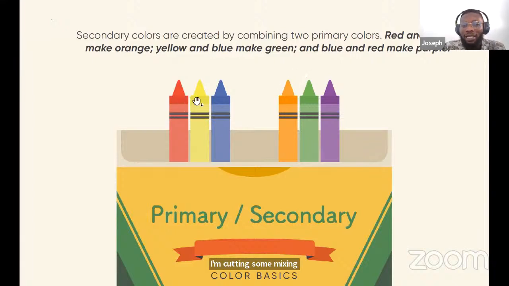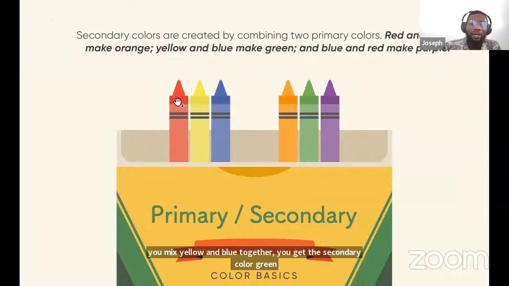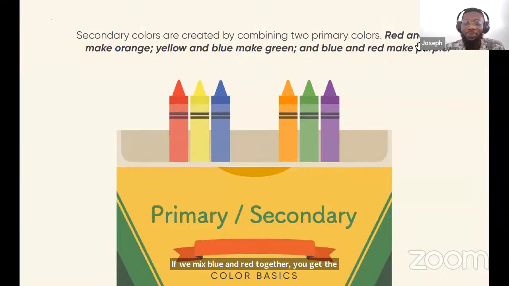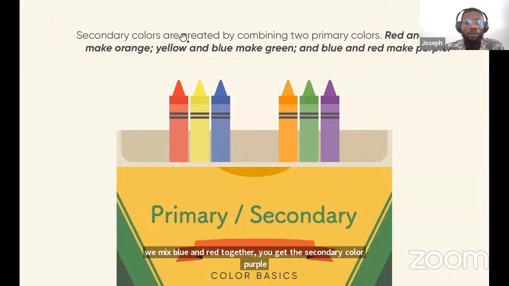If you mix red and yellow together, you get the secondary color orange. If you mix yellow and blue together, you get the secondary color green. If you mix blue and red together, you get the secondary color purple, right? So these are the basics of color.